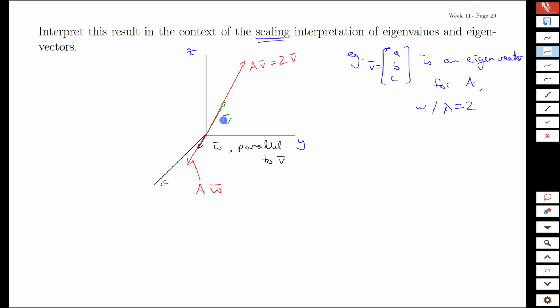So whether you pick v as your eigenvector or something parallel to it, it doesn't matter. It's still an eigenvector, and everything in that line is going to get scaled by the same amount. So the eigenvalue will be consistent, and any vector along that line is going to be a corresponding eigenvector. And that completes our introduction to the basic calculations and ideas behind eigenvectors and eigenvalues.